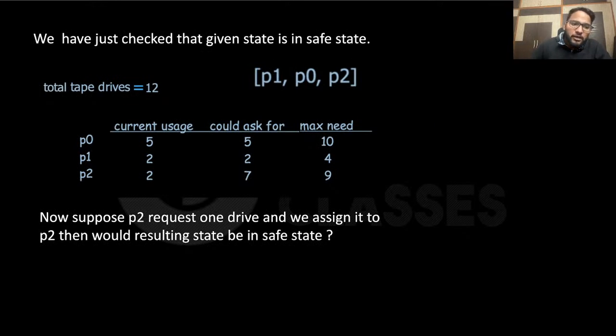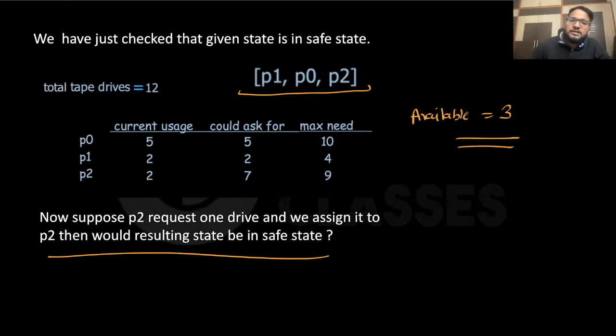This is the state. Now suppose P2 requests one drive, right? Available is 3 with you. You have the 3 available, right? And if it is asking for one drive, then would the resulting state be safe?